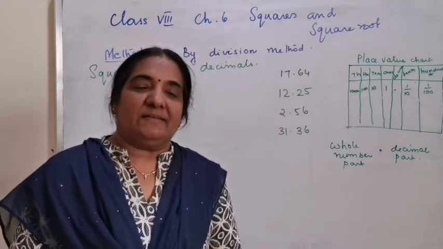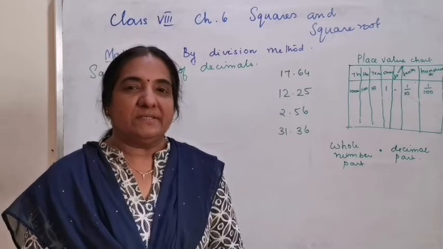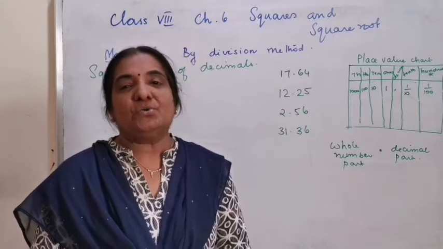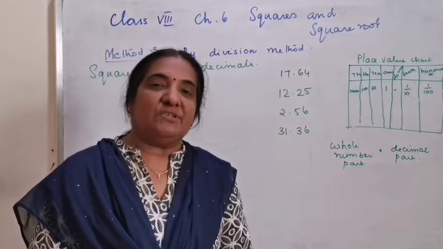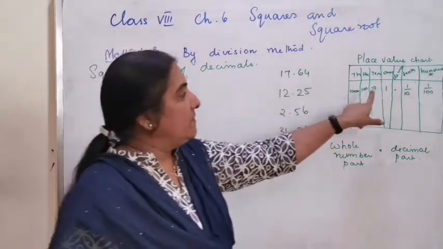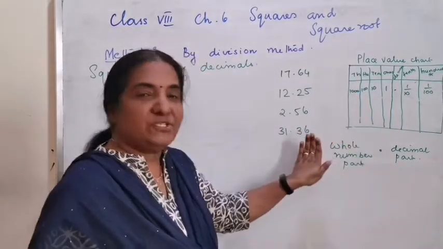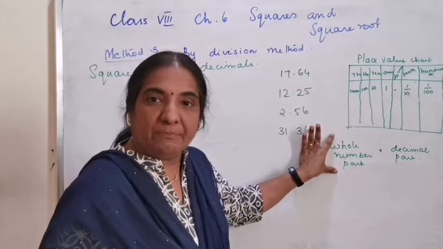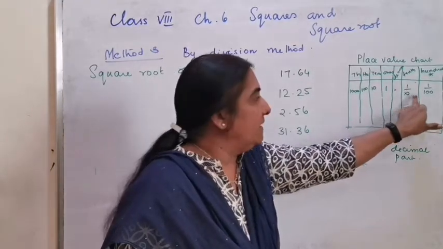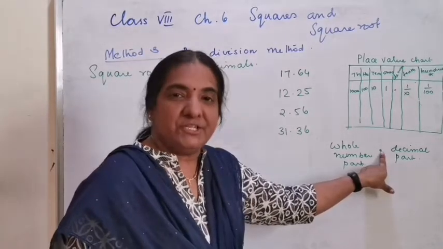The next topic is to find the square root of decimal numbers which are perfect squares. What are decimal numbers? Decimals are fractions whose denominator is multiples of 10. When you look into the place value chart, the number system started with ones, tens, 100, 1000 and so on, which made the whole number part, and then the fraction with the denominator 10, 100 formed the decimal fractions, or the decimal part is introduced.